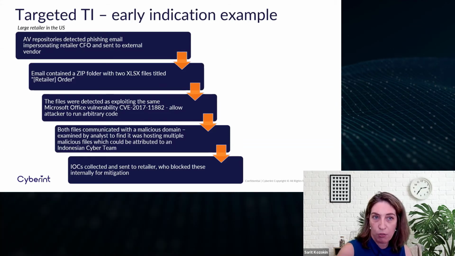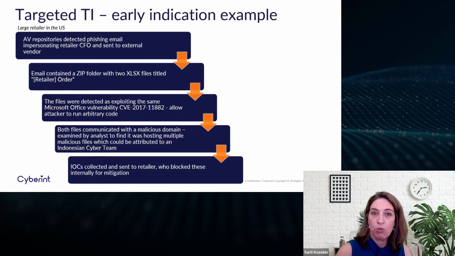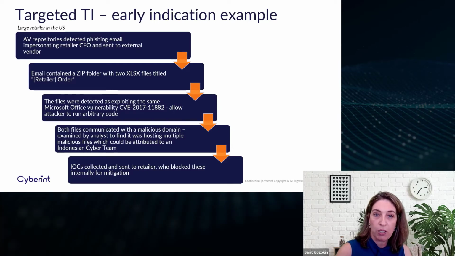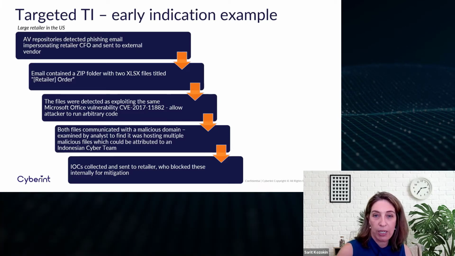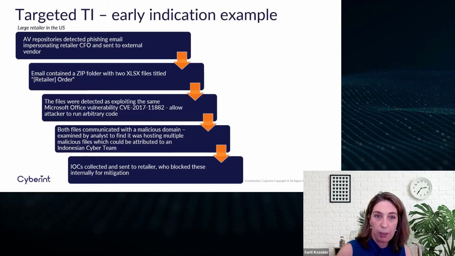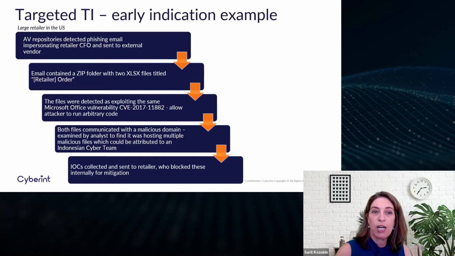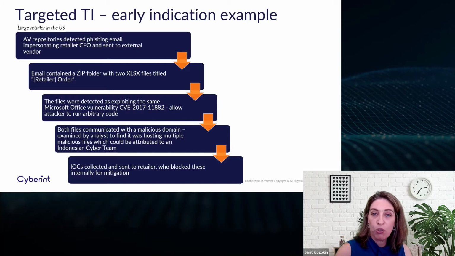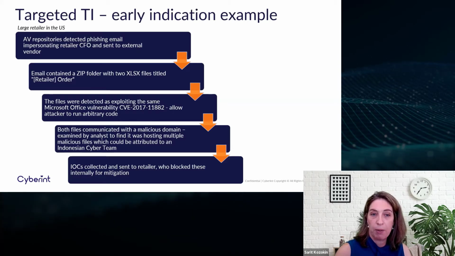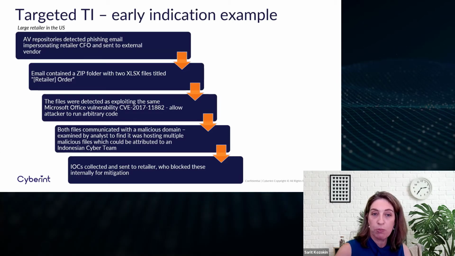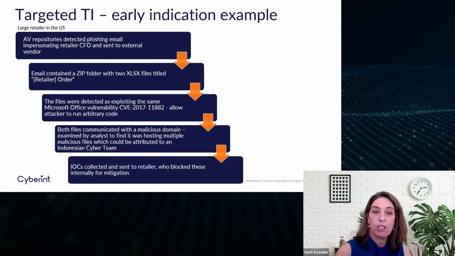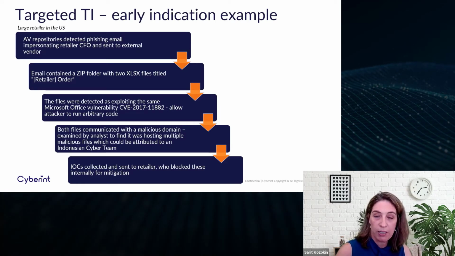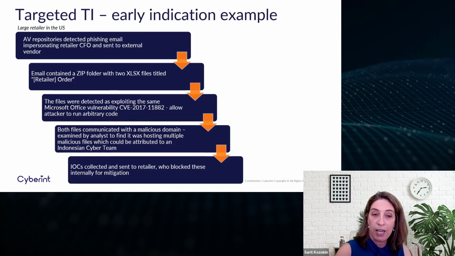The email contained a zip folder with two Excel files, and the files were detected as correlated with a CVE, in this case 2017-11882, which both have the same intent of allowing attackers to run arbitrary code. Both files communicated with a malicious domain, which was found to be hosting multiple malicious files, which led us to a specific Indonesian cyber team. So doing all this correlation based on that indication led us to the specific origin of that attack.